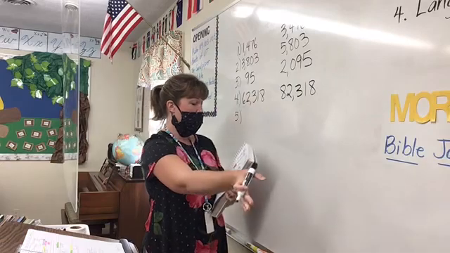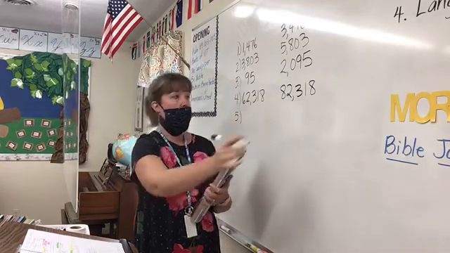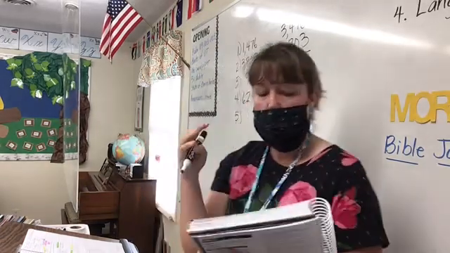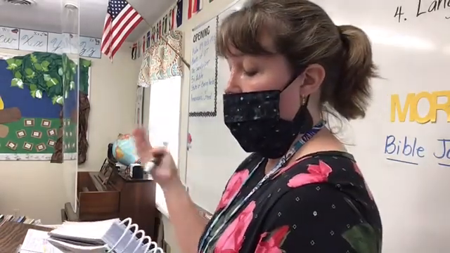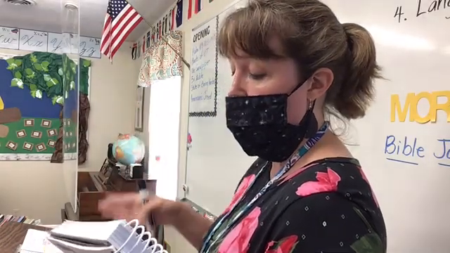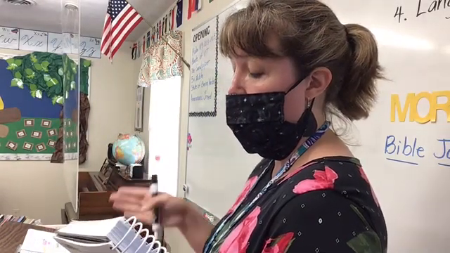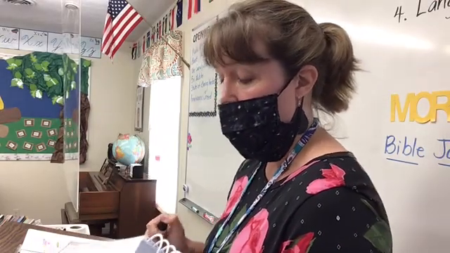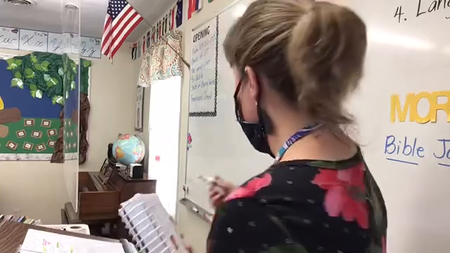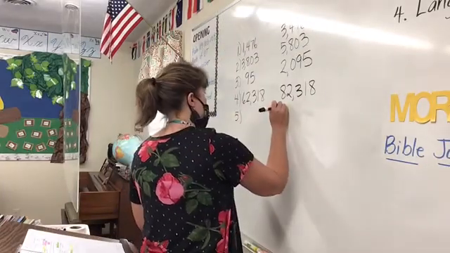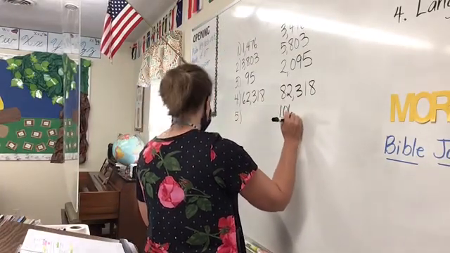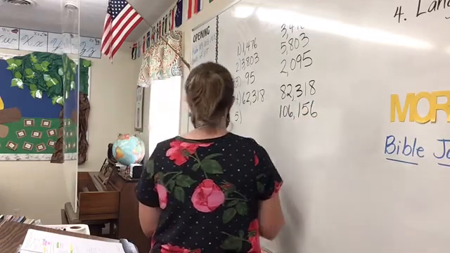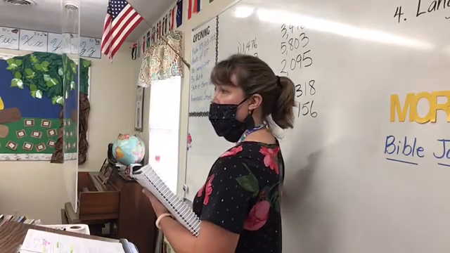Okay, so it's not 1 million though, okay? So when we go up 10,000, you're right, we have to go to the next place value, but it's not the millions place, it's the hundred thousands place. So how do we say that? 106,156.